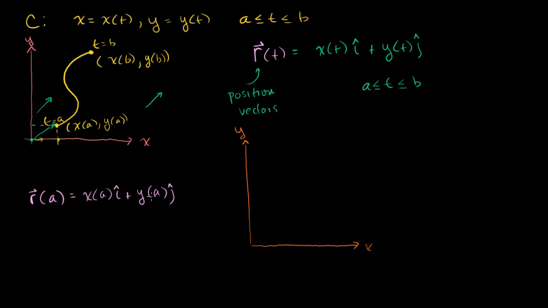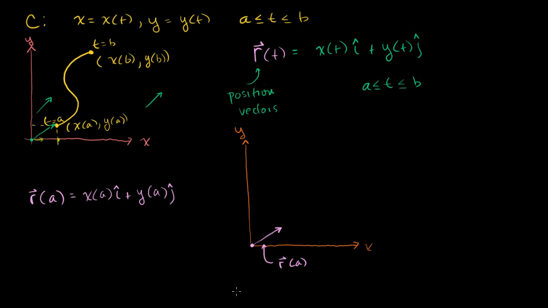But the bottom line is, if you add these scaled values of these two unit vectors, you're going to get r of a looking something like this. It's a vector that looks something like that. It's a position vector. That's why we're nailing it at the origin, but drawing it in standard position. And that right there is r of a.